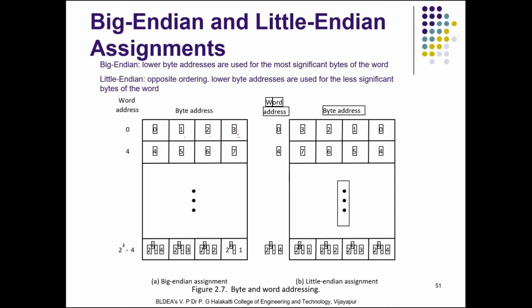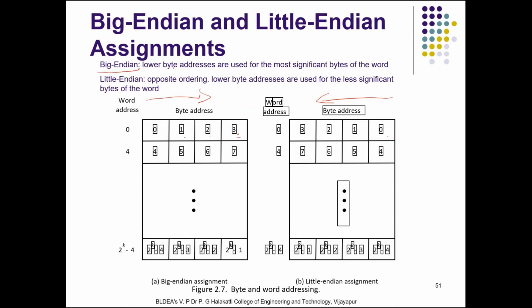Or I can also name the byte addresses 0, 1, 2, 3 from right to left. Depending on the way I address the bytes, we have 2 different assignments. The first one is big endian.